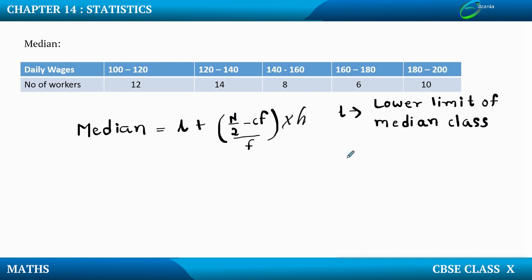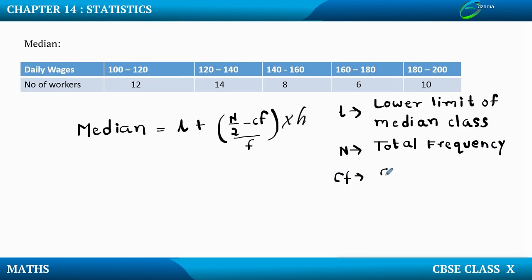N stands for total frequency. We have N as total frequency. Then we have Cf. We have studied this in class 9 as well.